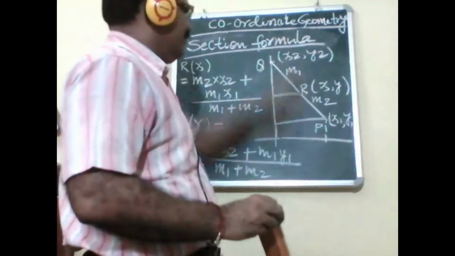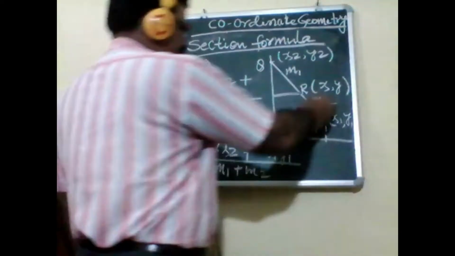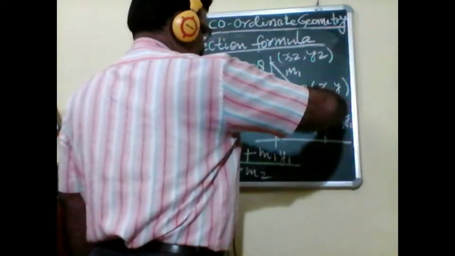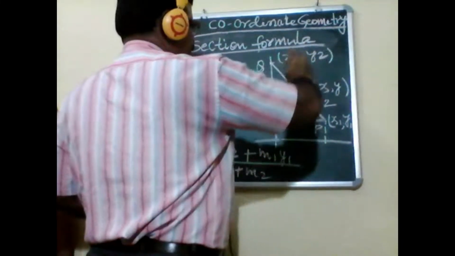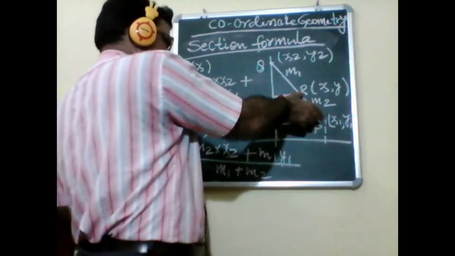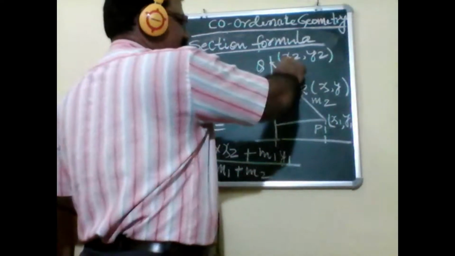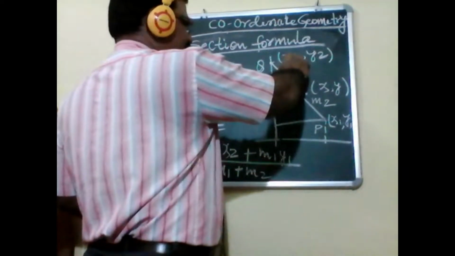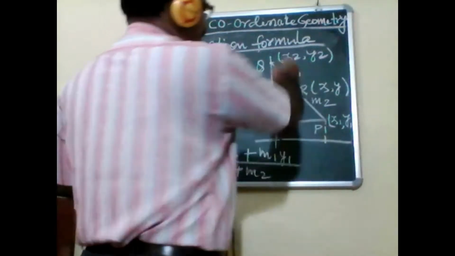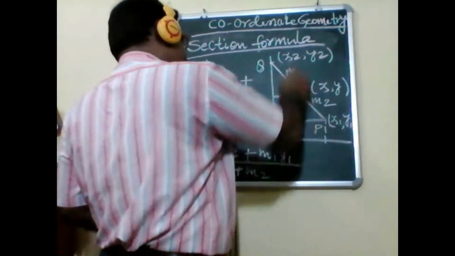Very easily, in another way you can also write that the first ratio is multiplied by the second coordinate. Either you can take the first coordinate, second coordinate, or second coordinate, first coordinate.